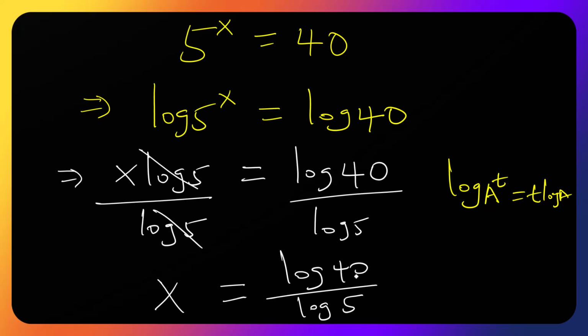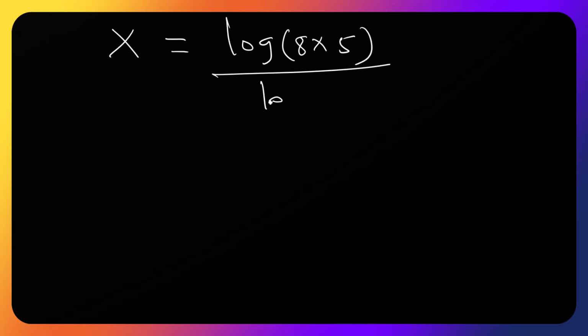Okay, so let's observe the numerator. 8 times 5 is 40, so we can rewrite the 40 as 8 times 5. So I have the numerator as log of 8 times 5 instead of log 40.